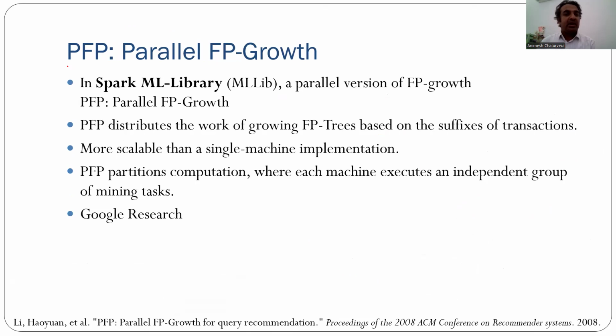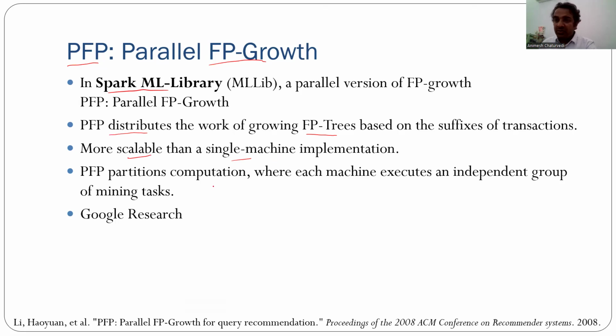There's a parallel, scalable version of FP growth, which is implemented in Spark MLlib. Spark MLlib provides a distributed computing environment for parallel computing. It creates the FP tree for large or big data, and it is scalable, so it can run on a single machine as well as on distributed computing.